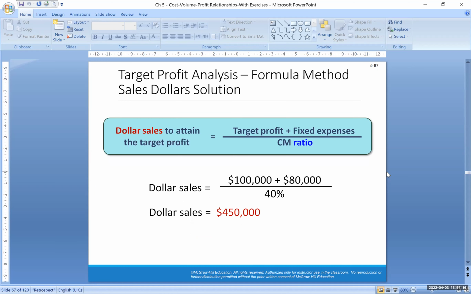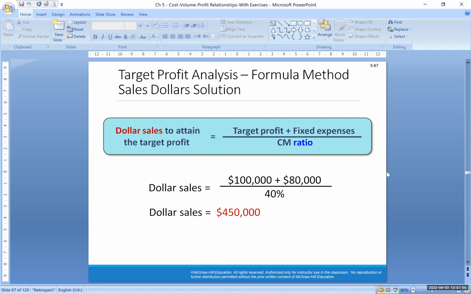Using the formula method, the sales dollars to attain the target profit, we will use the same formula, the target profit plus the fixed expenses, but we will divide the total by the contribution margin ratio in this case. Remember that if we divide by the contribution margin, the answer will be in units. If we divide the total by the ratio, then the answer will be the dollar sales.